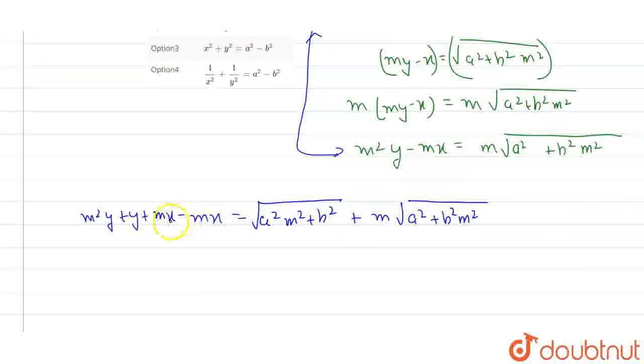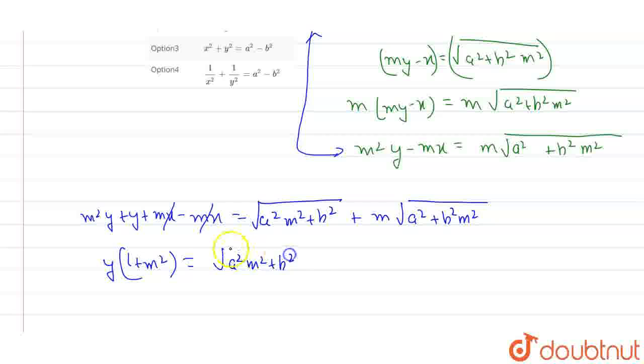Now I can clearly see that mx and mx cancel out with each other, right? If I take y common, the left hand side will become 1 plus m square, and on the right we have the same terms again, under root of a square m square plus b square plus m under root of a square plus b square m square.